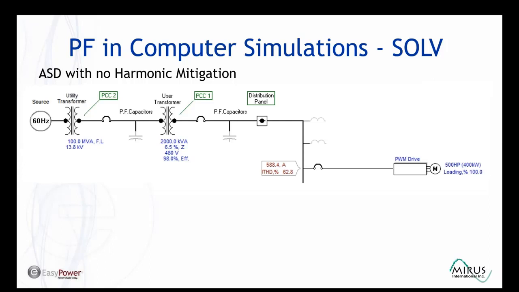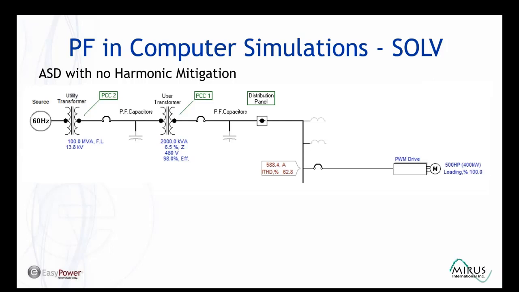It does not compete against EasyPower or other power analysis software because it only analyzes harmonics. But since it only addresses harmonics, it does it very effectively and can be used to generate the load harmonic current spectrums for use within EasyPower. I will discuss this further a little later in the webinar.